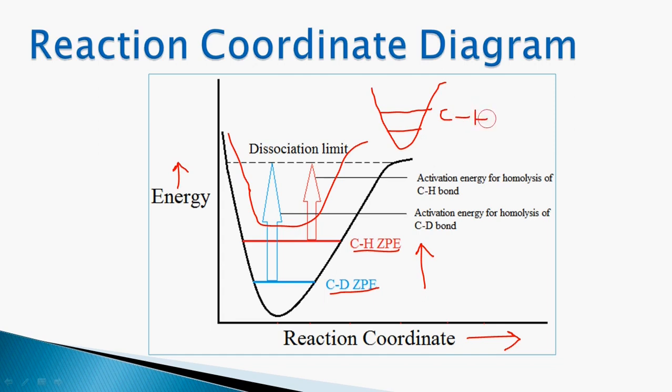This is for CH, and here this will be for CD bond. Second, and always there is a potential energy difference, that is a 0 point energy difference in CH and CD bond, and CD always have lower potential energy whether it is reactant or whether it is activated complex. So this is about reaction coordinate diagram.